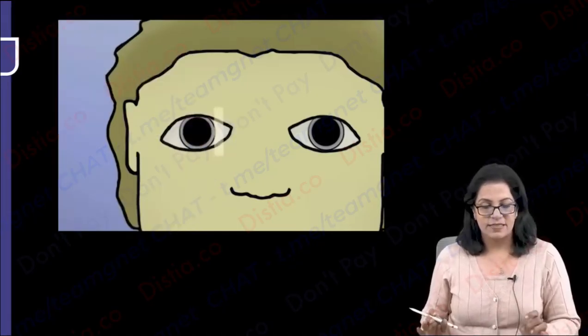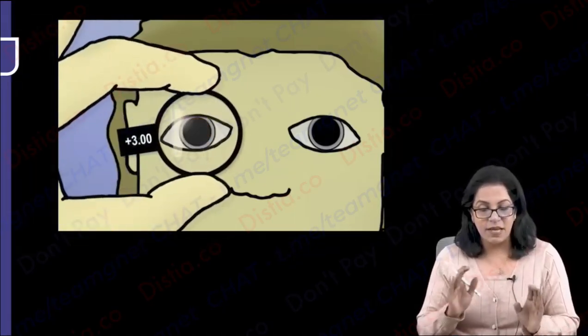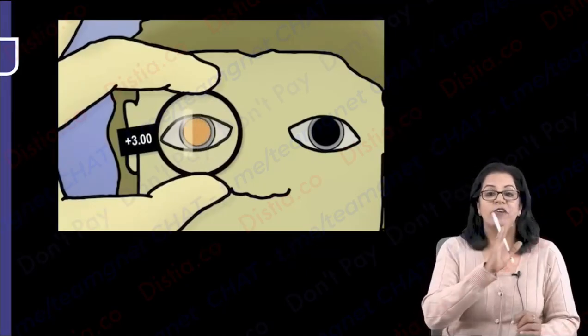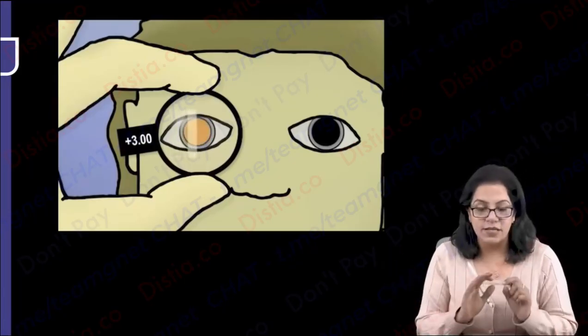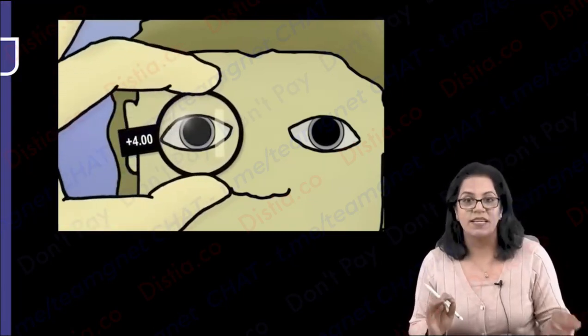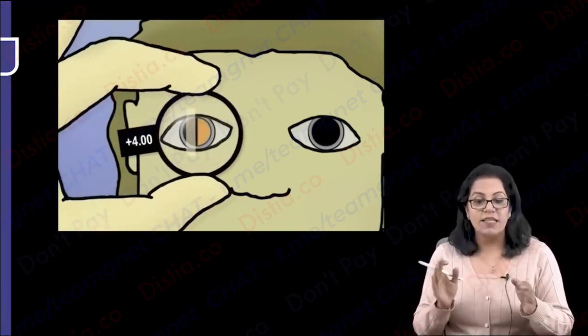Right? And with +3, now watch all of you, this is the point of neutralization, where in spite of moving my instrument, there is no movement of the reflex. This is what is called the point of neutralization. If I'm overcorrecting, I'm making the patient myopic. See what is happening. This is what is against the movement. Right?